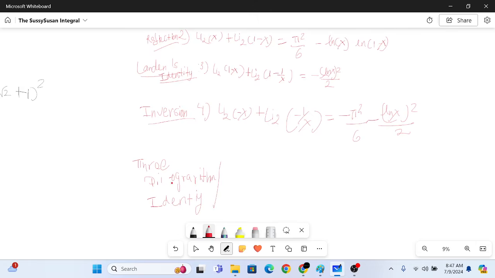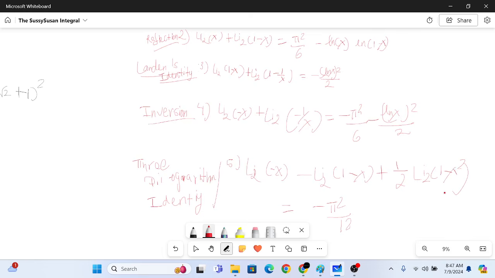This formula looks like this: Li2(-x) - Li2(1 - x) + 1/2 Li2(1 - x squared) will be equal to minus pi squared by 12 minus ln(x) ln(1 + x). So this is the three-dilogarithm identity.